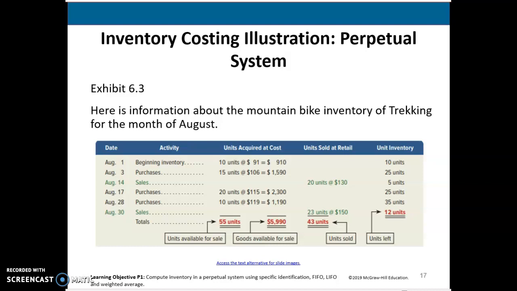We are accounting for our inventory cost, so we're looking at what we paid for it to account for the actual inventory value. Again, this is just one method to show you, and it shows at the end the goods that are available for sale, how many units are sold, and how many units are left.